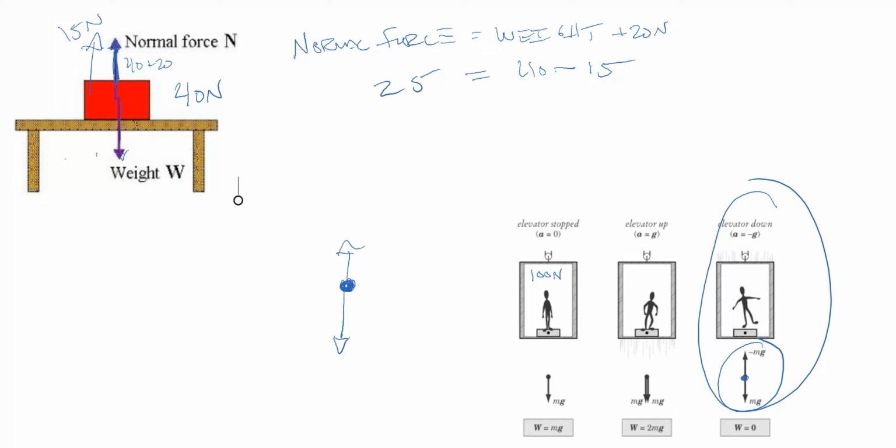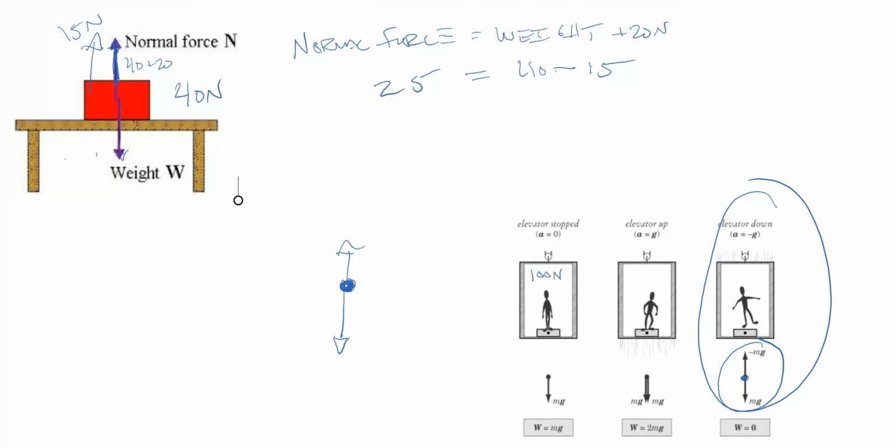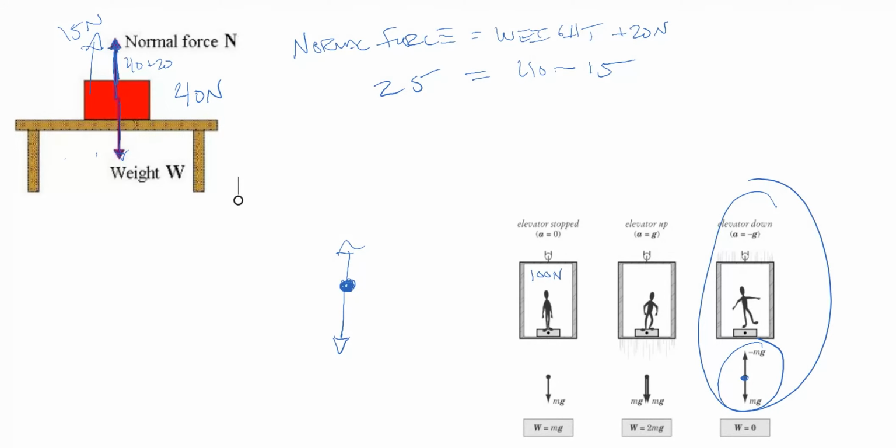These vectors are heading in opposite directions. So inherently, you would want to subtract them. But in actuality, it's like a tug of war. What's happening is gravity is pulling down, and the tension on the rope for the elevator is pulling upward, and they're pulling you in opposite directions. So the total force here is the addition of the two.